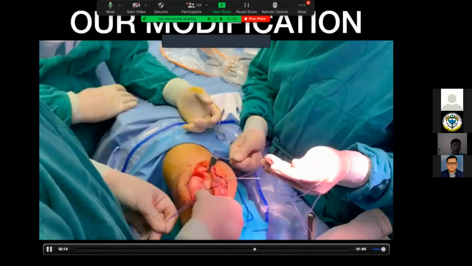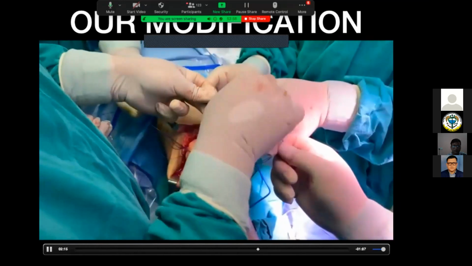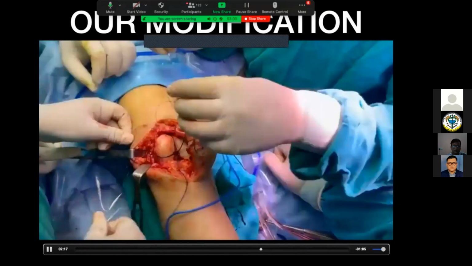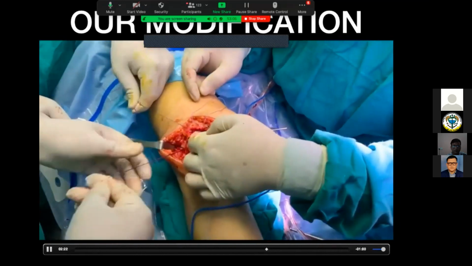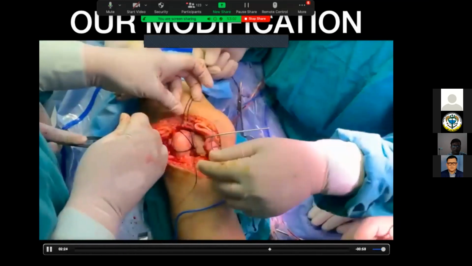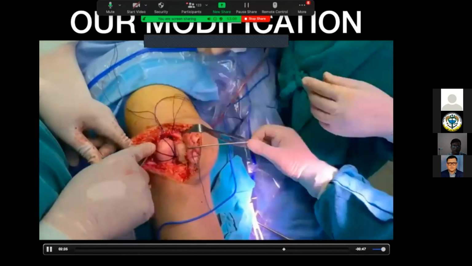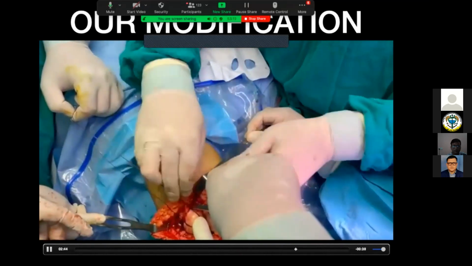Now the next step is we shuttle all those sutures through the previously prepared tunnel over the proximal metaphysis of that particular condyle. And this is the final picture, how it looks.